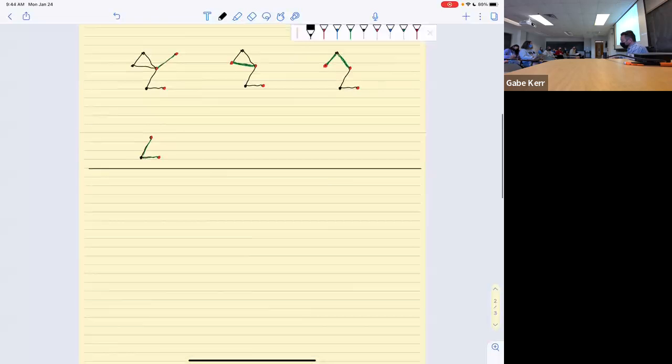So to accomplish that, we have this procedure, Eulerizing graphs.